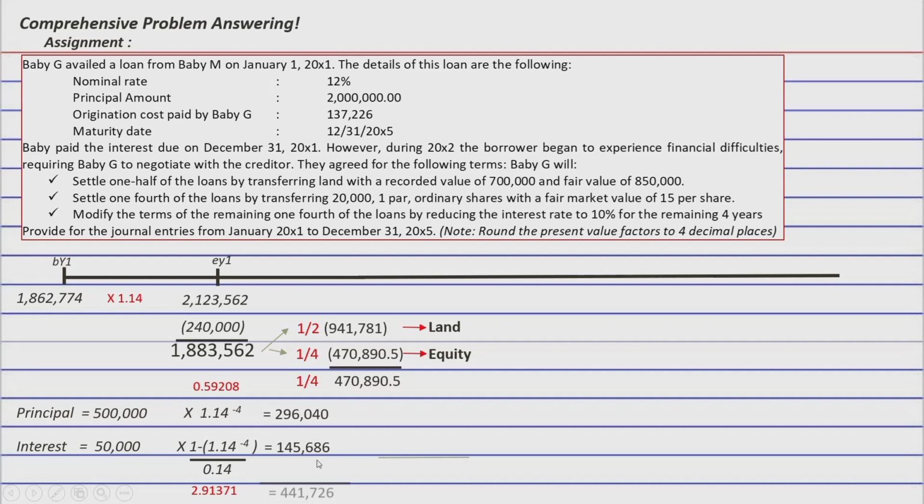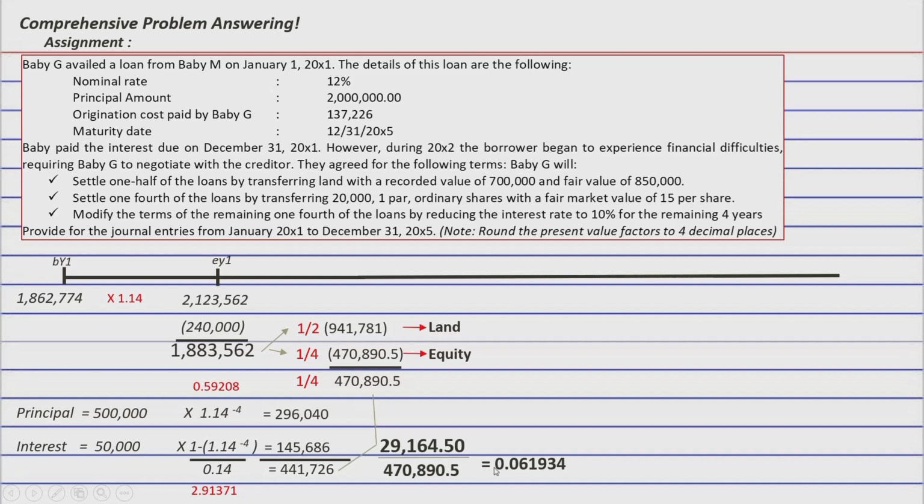Now we sum these two, and that will be 441,726. To know if there is a substantial modification, we need to get the difference between the old and new liability balance, and we get 29,164.50. Let's divide it by the old liability balance, and we will have 0.061934, or if converted into a percentage, 6% plus.